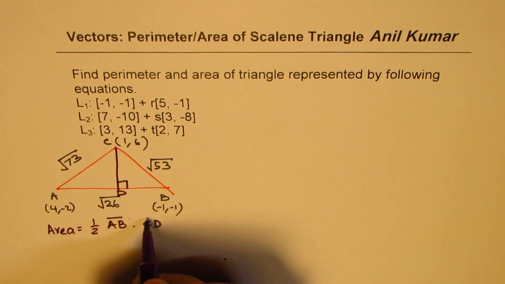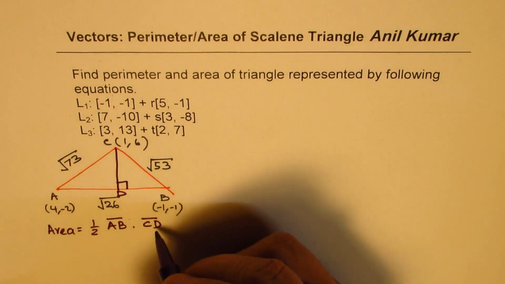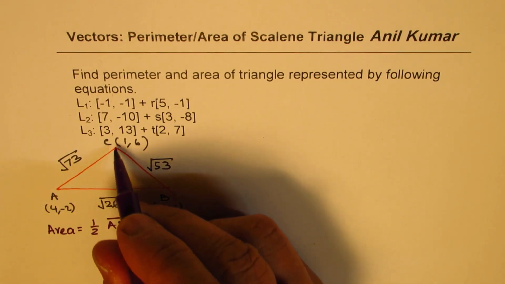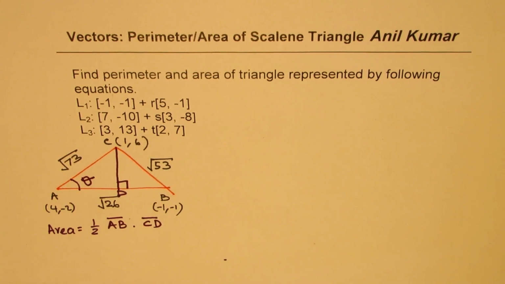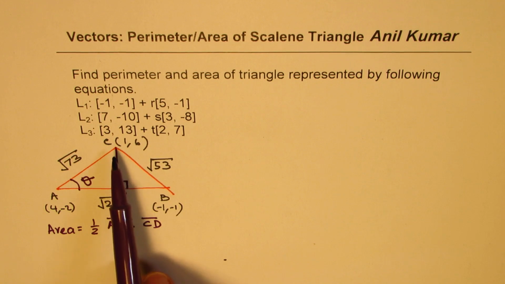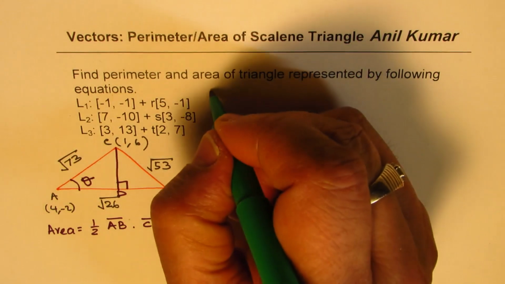So that is the area of this triangle. Now the question is, how do you find CD? To find CD, I should find the angle theta here, the angle A, and then square root of 73 times sine theta will give us CD. So that is the whole idea. So let's see how to find this particular angle.